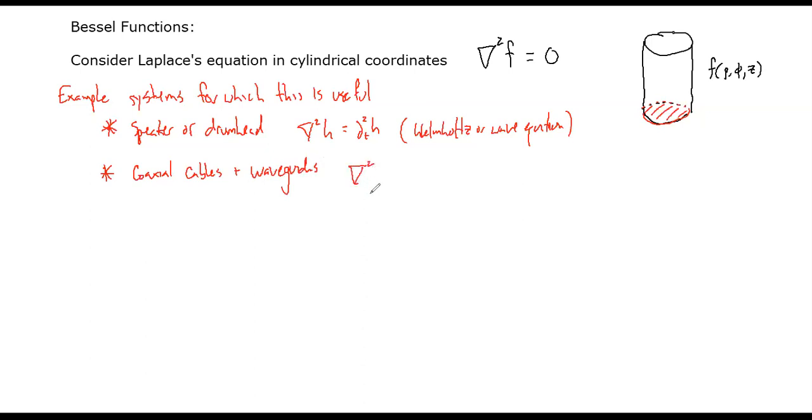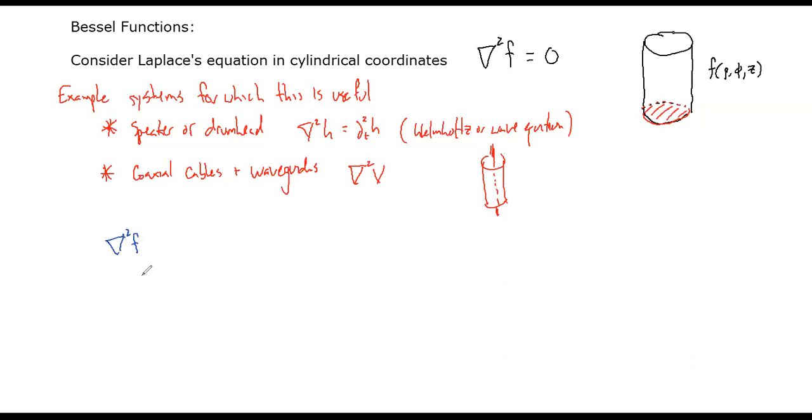In that case, you have an electromagnetic potential, an electric potential potentially, and you want to solve that, but then the coax cable is something that looks like this, where you've got a current going through a wire and then you're trying to shield it, so you've got some boundary conditions. So this is important. It's not just us torturing you by saying, let's go through every single possible coordinate system. Okay, so this is what I need to do.